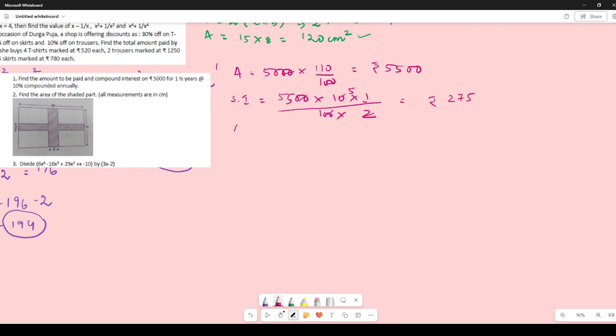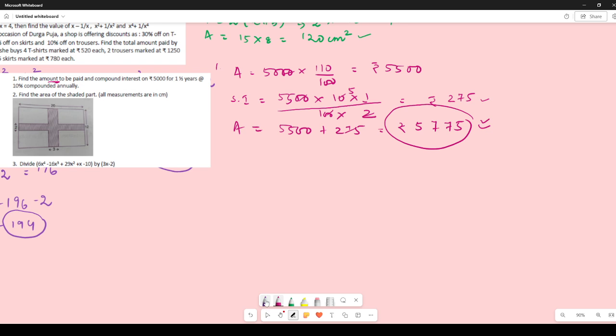So remember, find the amount. If you leave it over here, you will lose marks. So this is not the correct answer. Amount will be 5500 plus 275, that is equal to rupees 5775. This will be the correct answer. Okay, now let us move on to the next question.